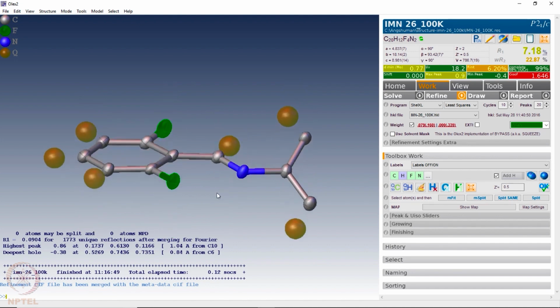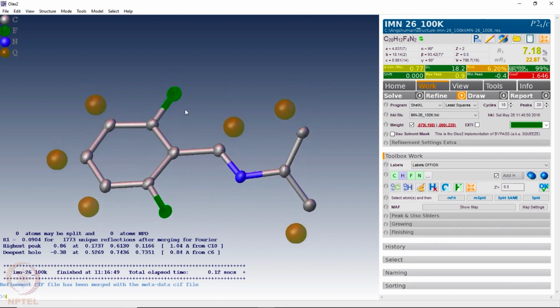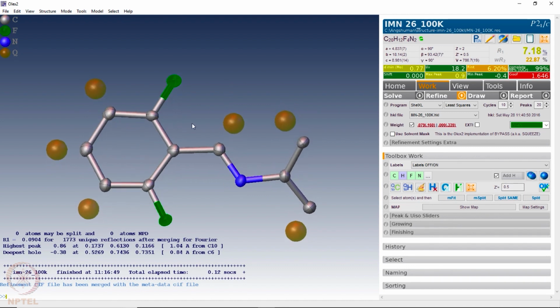Now, after removing some of those residual densities which were faint, which means those residual densities were very small, we see some densities appearing at locations probable for the hydrogen atoms connected to the corresponding carbons.